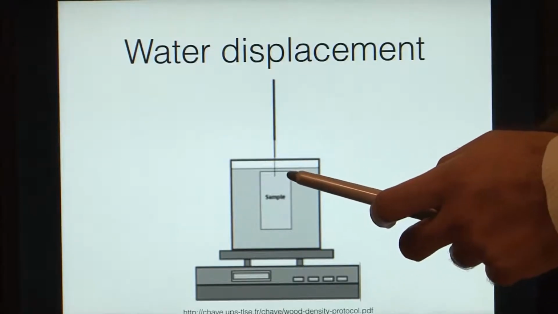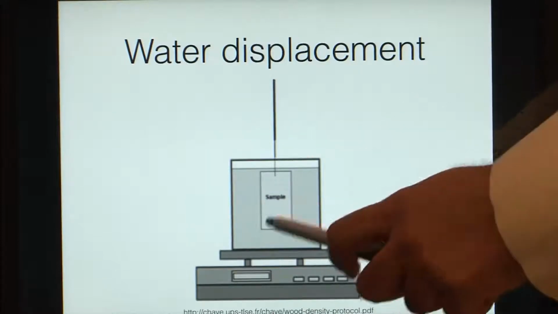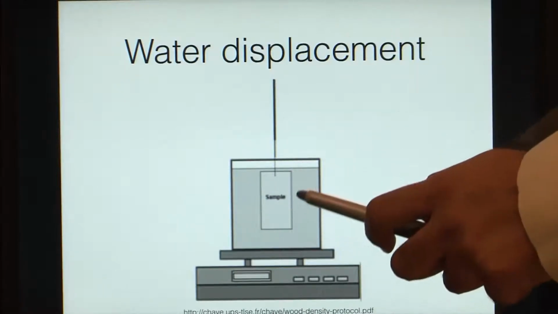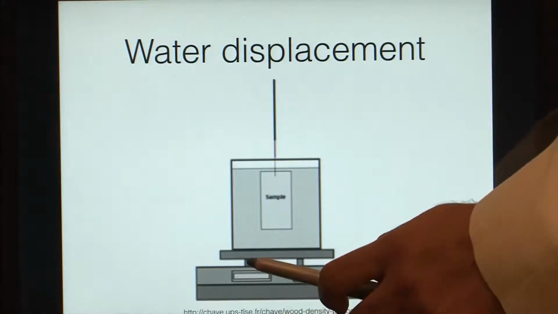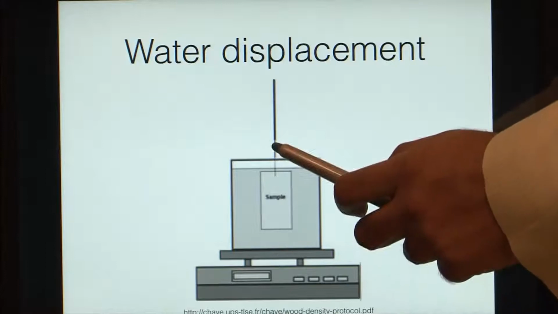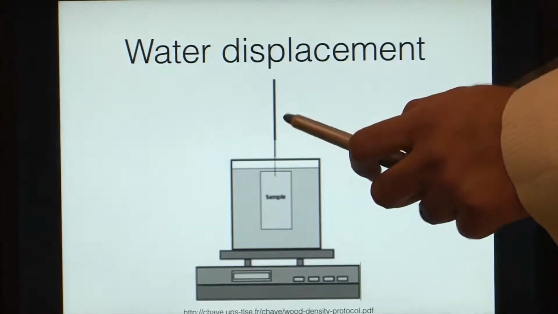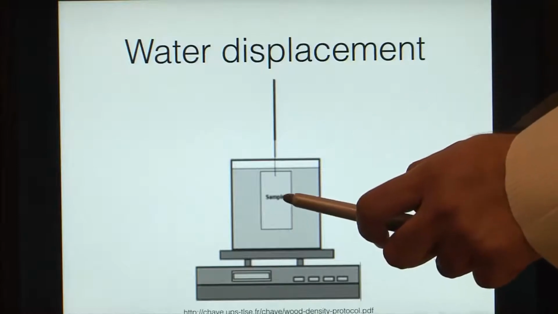Because the density of wood is less than the density of water, this wood is going to float on water. But without the sample, just with the beaker and the water, we can take the weight reading from the balance. Then we put our sample, it will float on the water, and then we use a thin needle to press this sample inside the water.